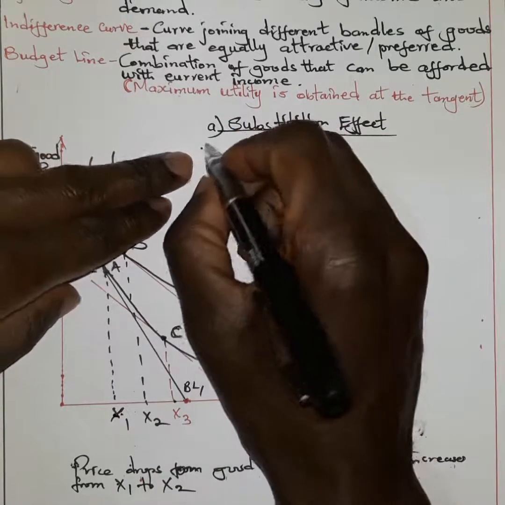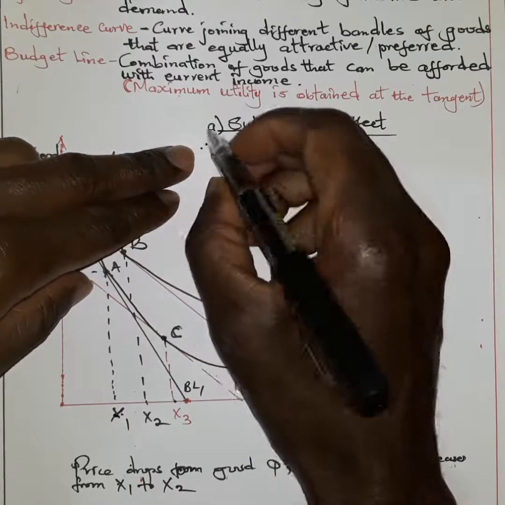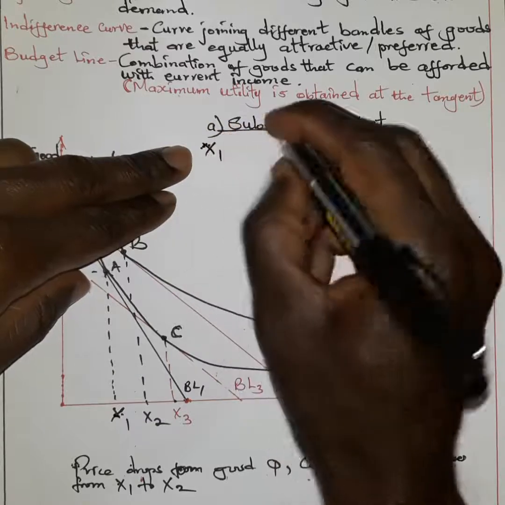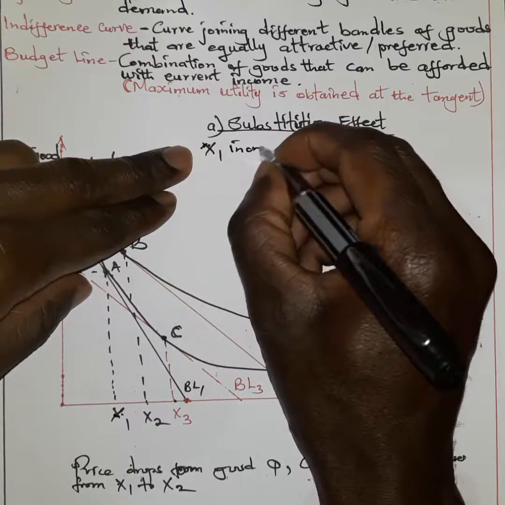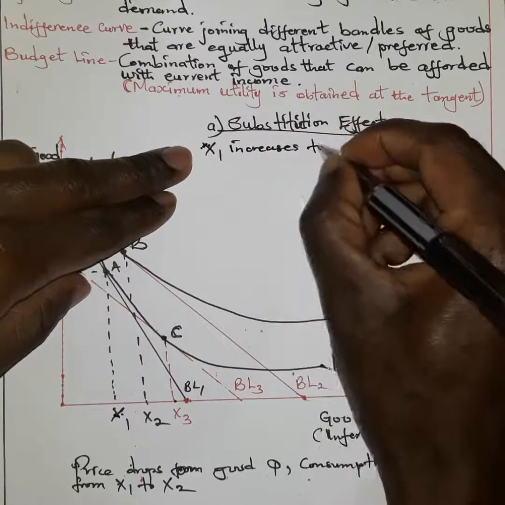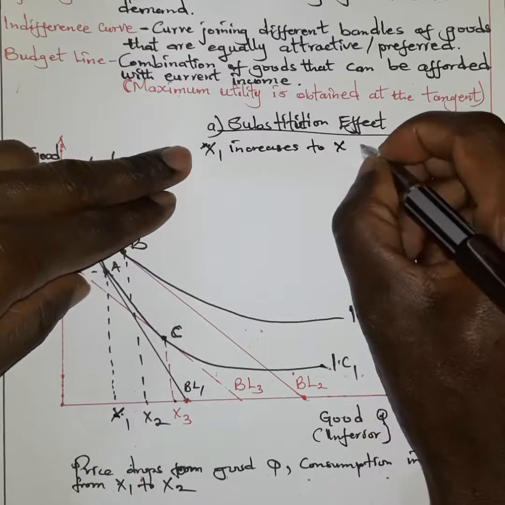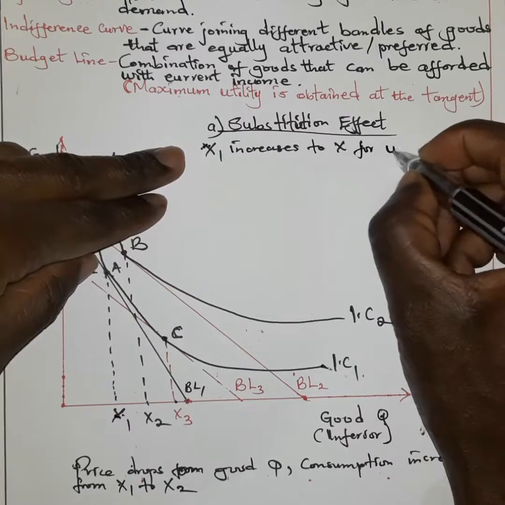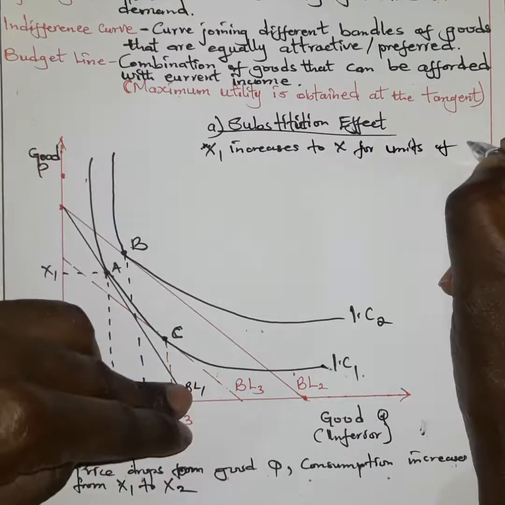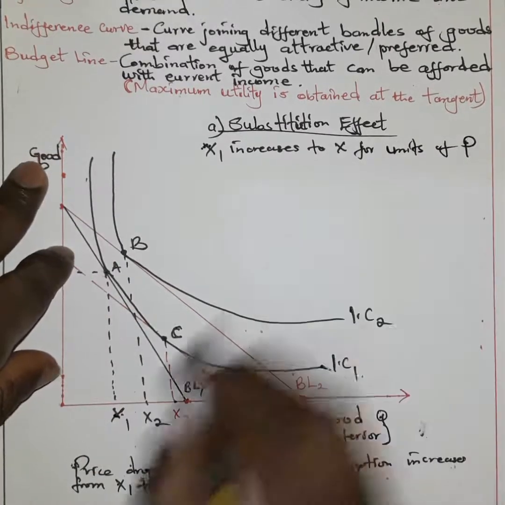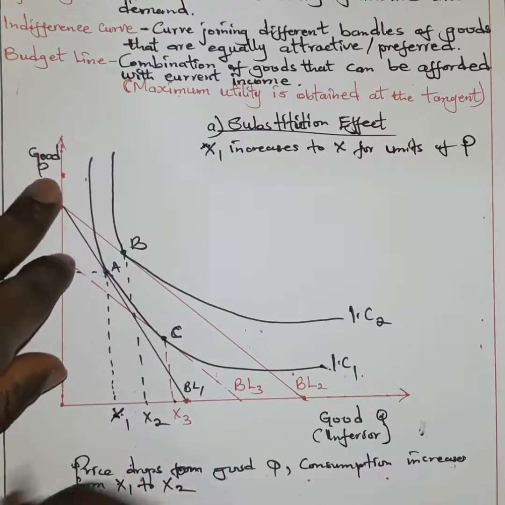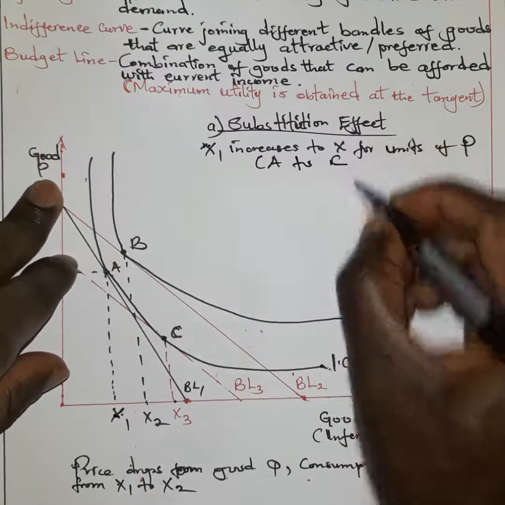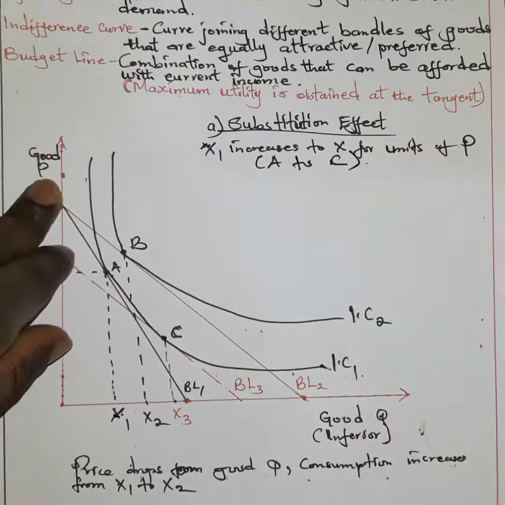So it takes place at the point where X1 increases to X3 for every unit of good P consumed, that is from A to C, under the tangency rule.